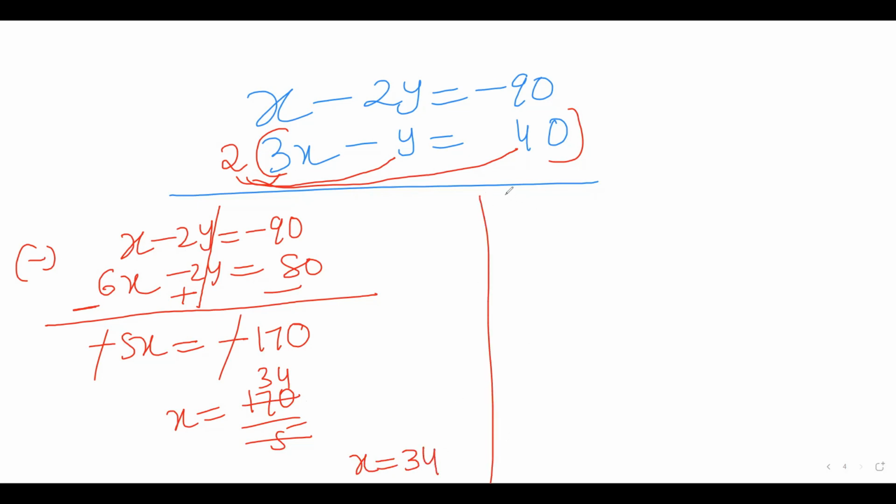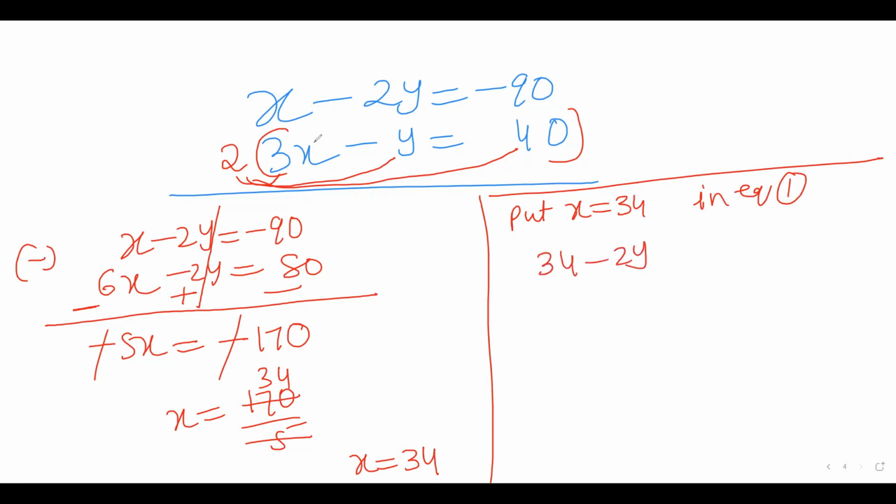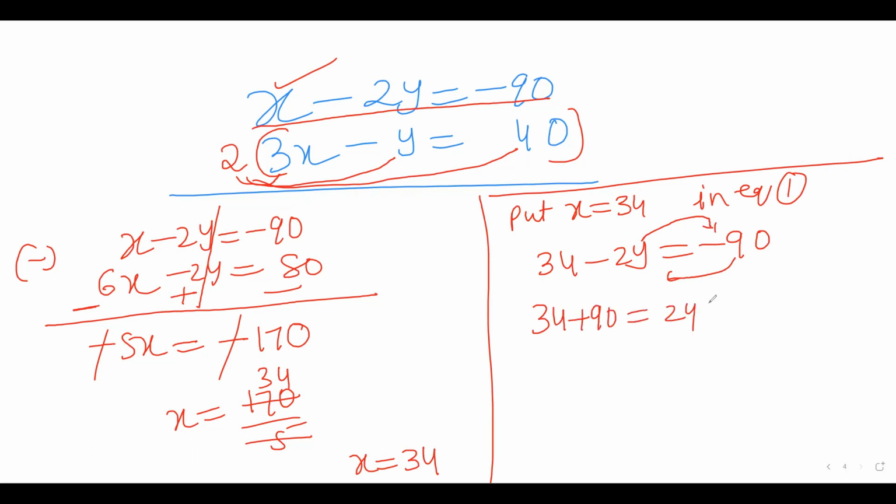Put x is equal to 34 in equation 1. So 34 minus 2y, I'm putting x value 34 here, is equal to minus 90. Transpose 2y here and 90 here. 34 plus 90 is equal to 2y. Minus 90 became plus and minus 2y became plus.